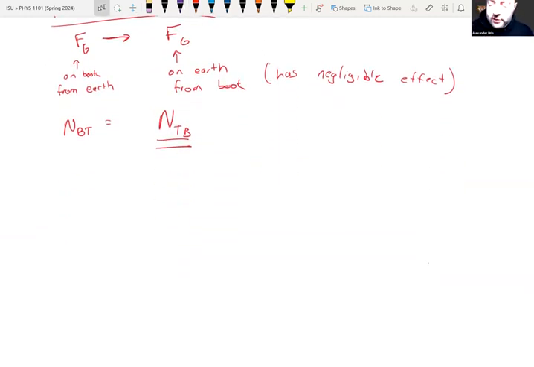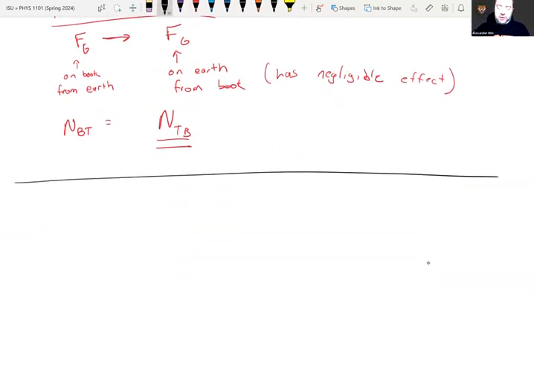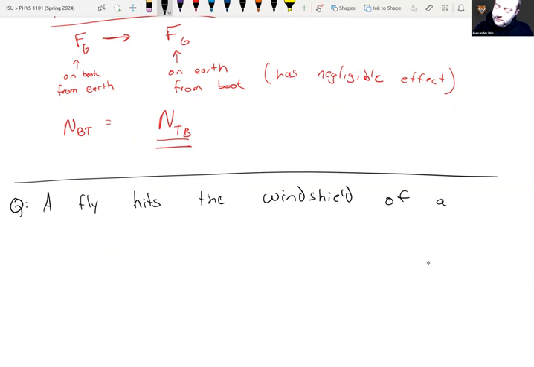Another question that often comes up in the context of the third law is this one. A fly hits the windshield of a truck. Which force is greater?